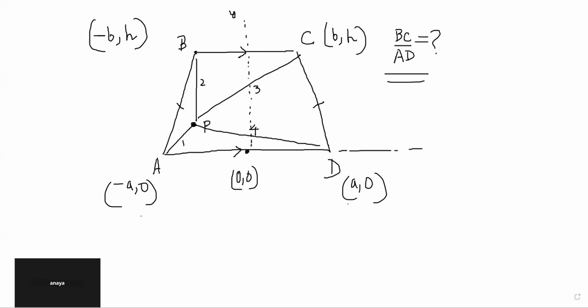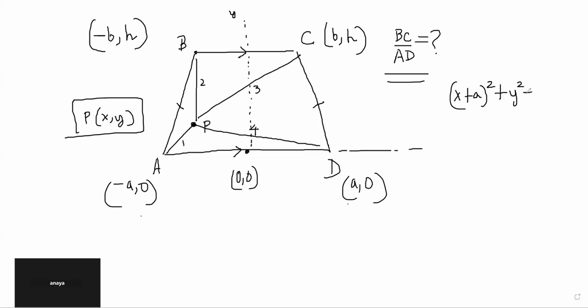Now, let's say the point P is x comma y. What I have is some equations I can make, which are basically distance formula equations, because I know four distances. I can say this distance is 1, so x minus minus a, so x plus a whole square plus y square is equal to 1. Then from PB, I can say x plus b whole square plus y minus h whole square is 4.